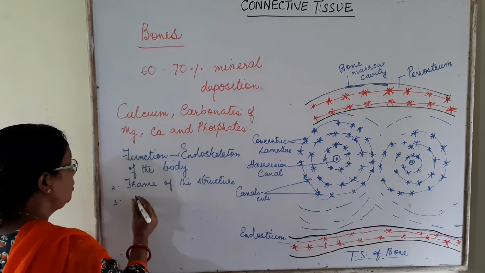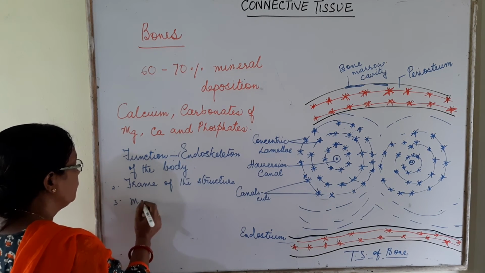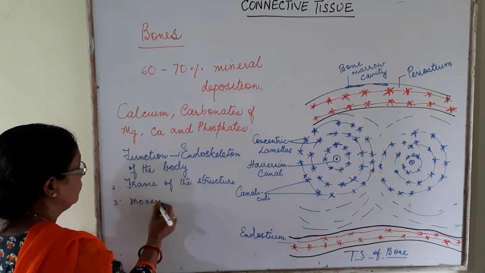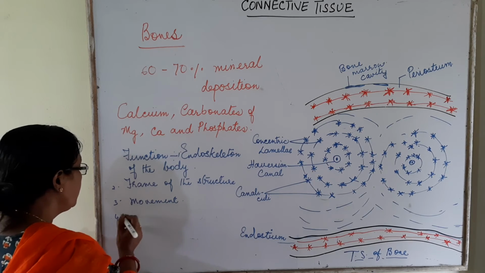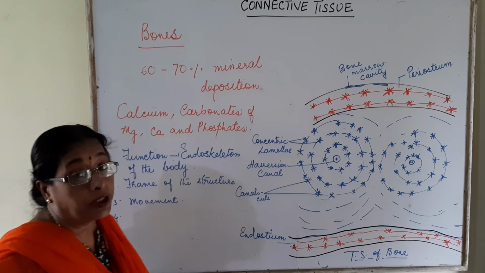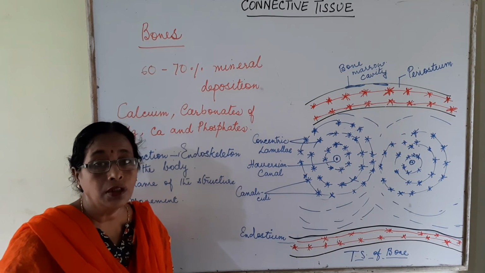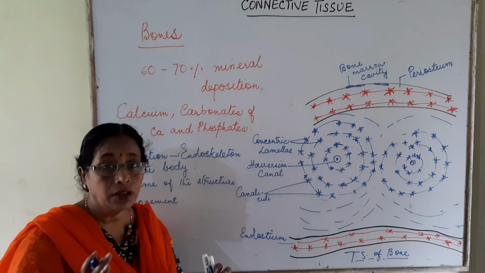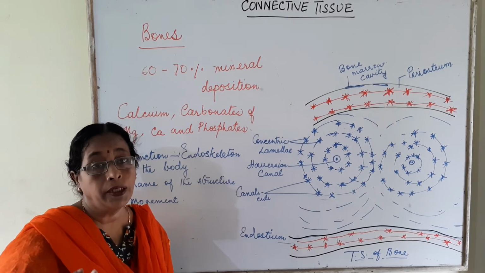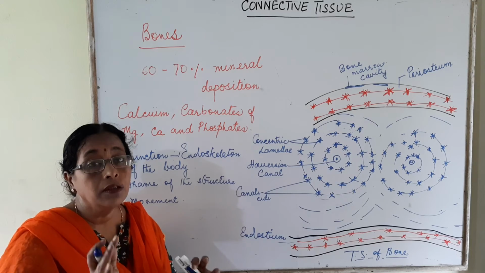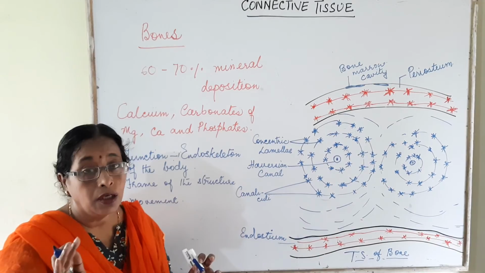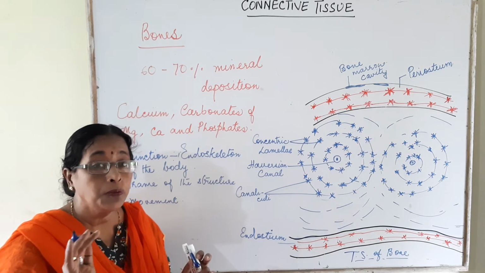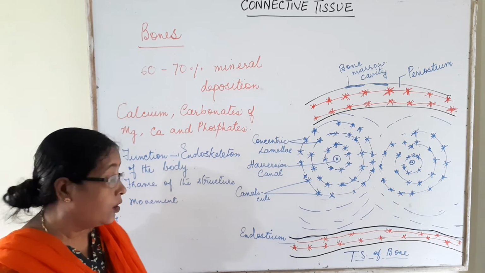It helps in movement. Another important work is protection. It protects the internal organs. All the internal delicate organs are placed inside the cage of the bone. So externally the bone protects the internal organs.